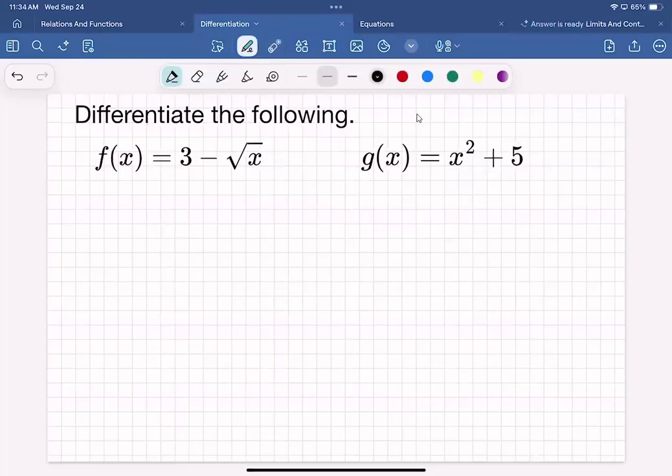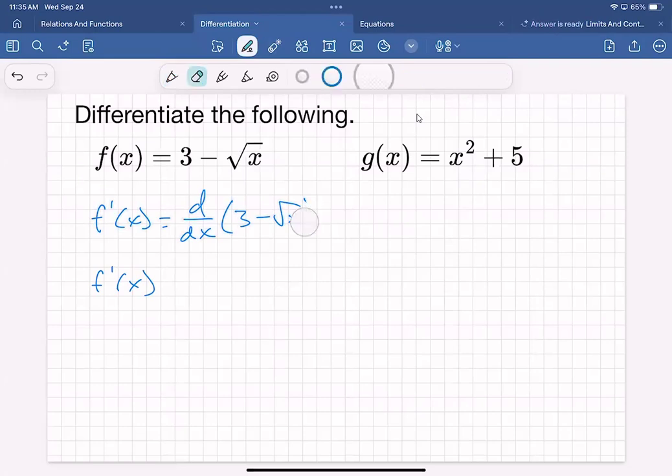All right, so what does someone get for the derivative of the first function here? When we write out f prime of x. All right, so before we do the derivative, yes, you could have also written it that way. That's correct. All right, so what is the derivative of that then?